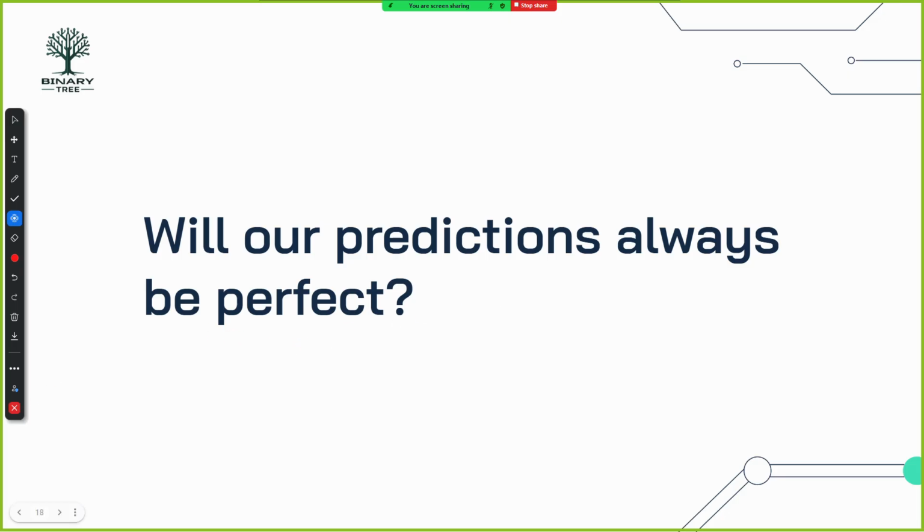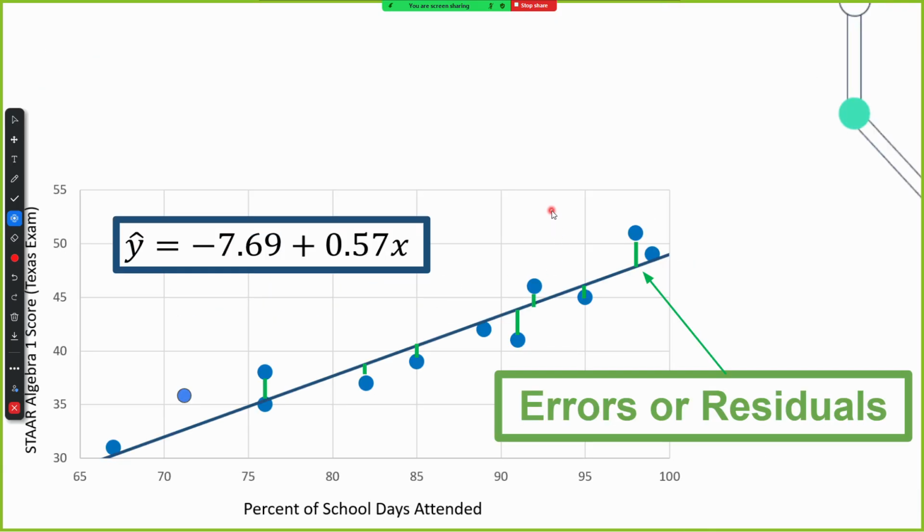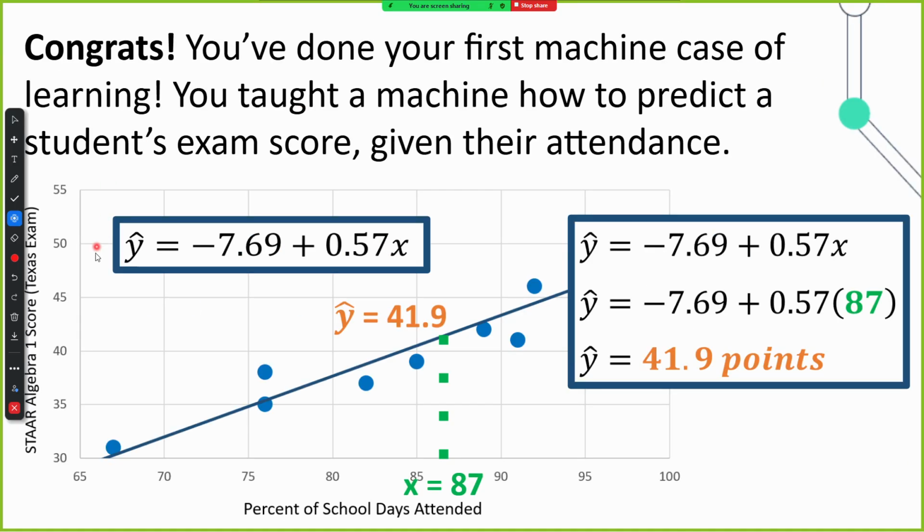So, will our predictions always be perfect? Let's ask that, because I've been saying this whole time, are our predictions perfect or not? Because real data always has problems with it. Real data is not necessarily going to be exactly there.